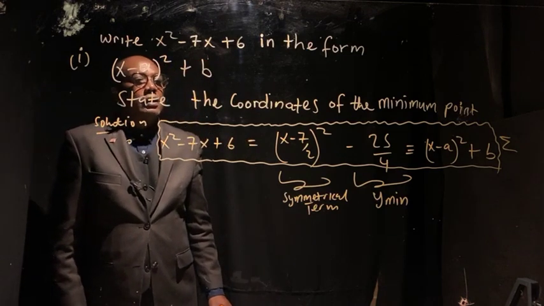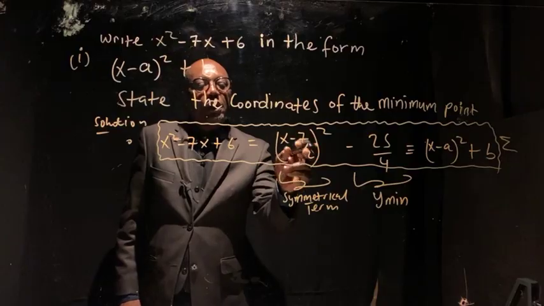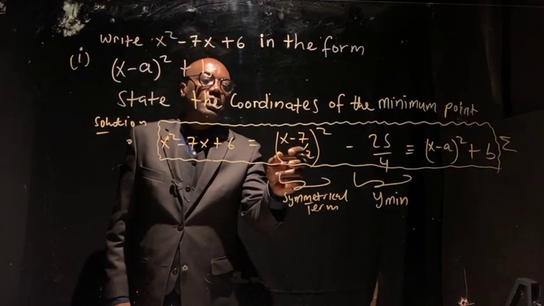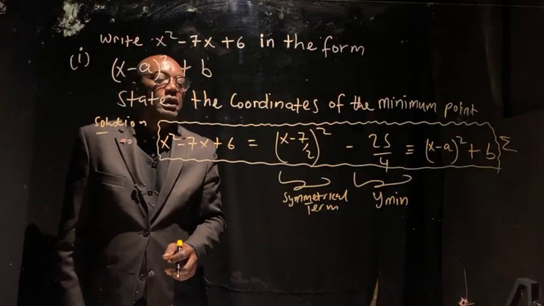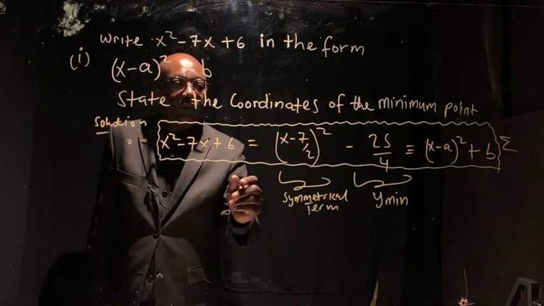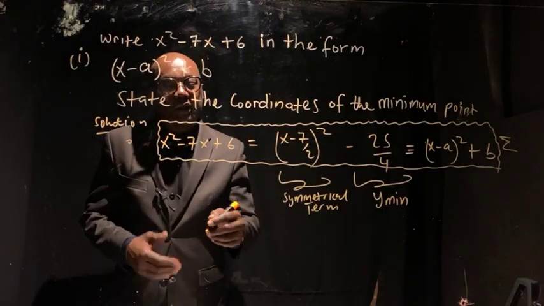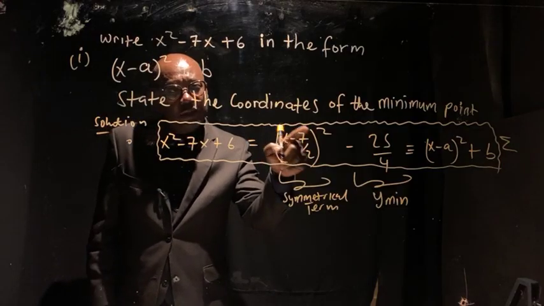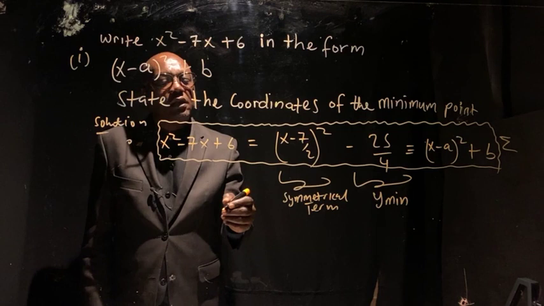To find the coordinates of the minimum point, you pick out the symmetrical term. Because the symmetrical term is a square quantity, it can never be less than 0. Therefore, as we've been always repeating, the symmetrical term, being a square quantity, can never be negative.